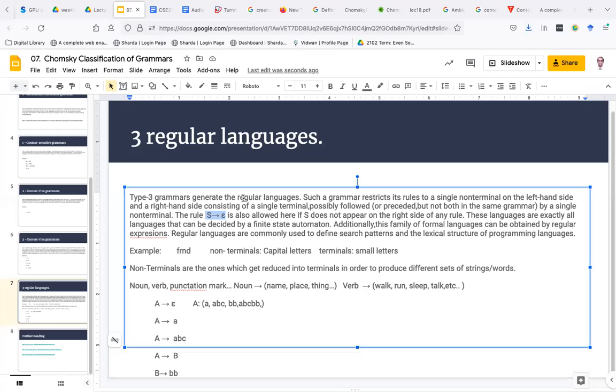So B deriving epsilon cannot be allowed if B is coming in the right hand side. Clear? I'm just talking about if B was the starting state. Here we assume that A is the starting state. These languages are exactly all languages that can be decided or accepted by a finite state machine.